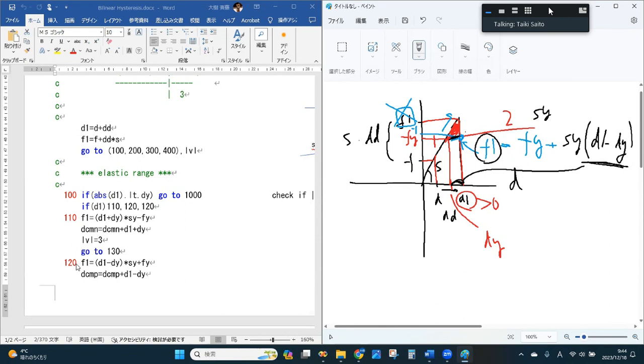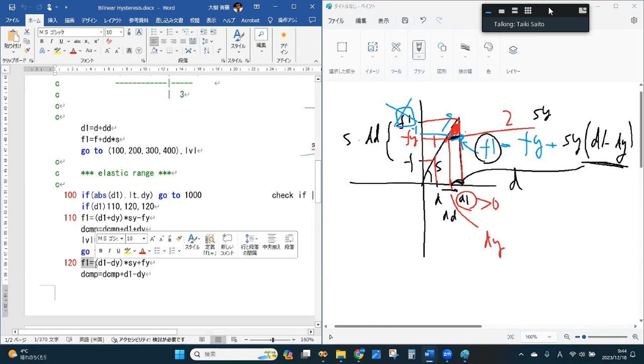This is the most important part. So this equation: new force is deformation multiplied by stiffness plus Fy. Okay, you understand?